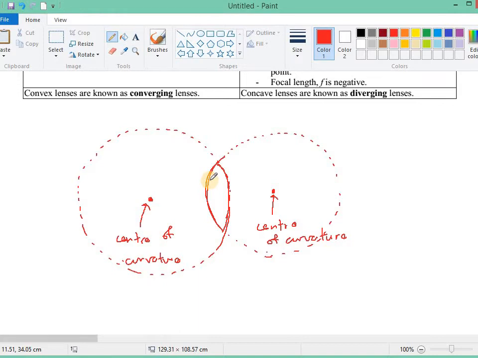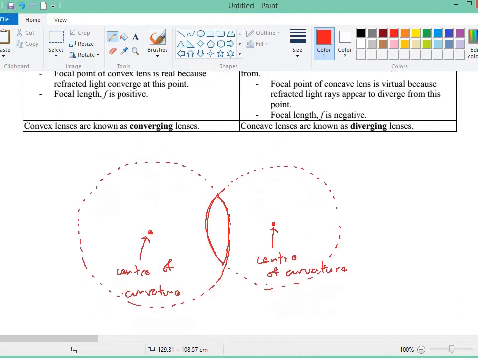That means we don't think about something so complex, or what happens if the two curvatures are different. You don't have to think like that. We take it that all the lenses that we learn here have both sides with the same curvature. The degree of curvature is the same for both sides, whether it's a convex or concave lens.